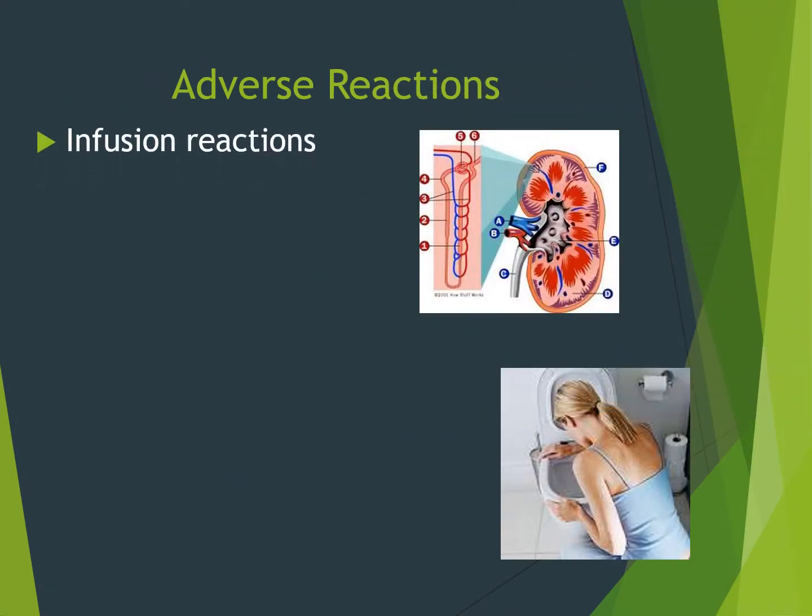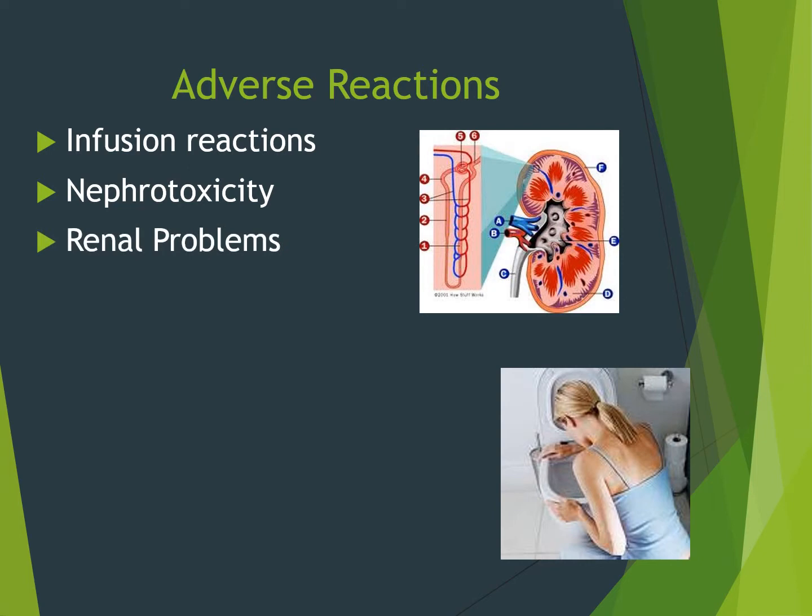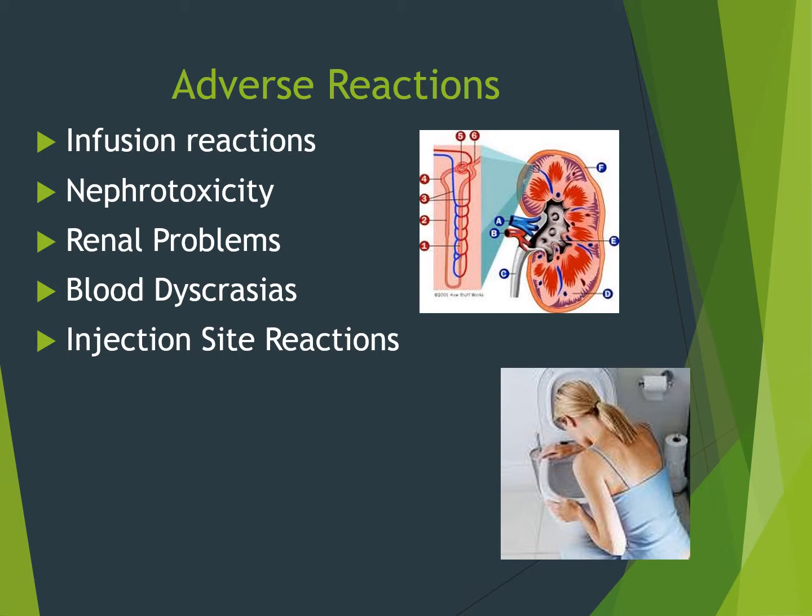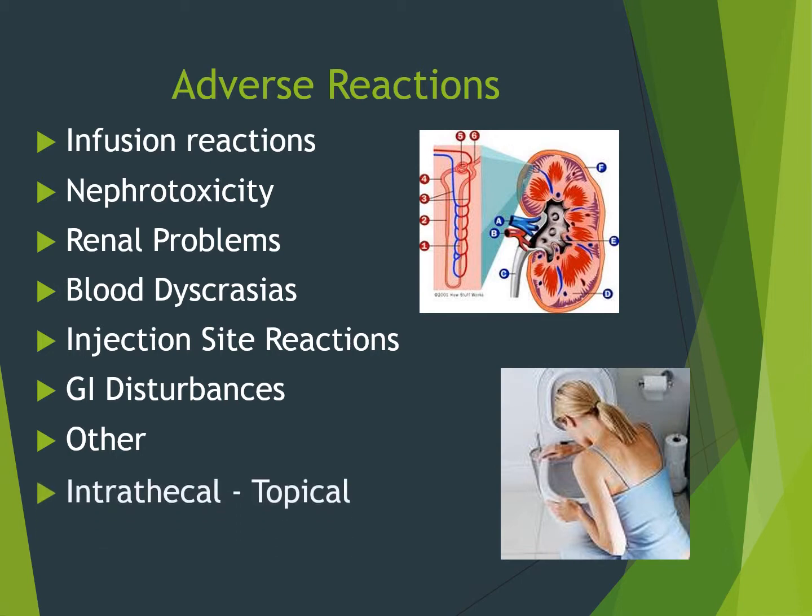Adverse effects of amphotericin include infusion reactions, nephrotoxicity, renal problems, blood dyscrasias, injection site reactions, GI disturbances, and other known adverse effects. We do know it to also be ototoxic, and it can be given intrathecal, possibly topical, but typically this is an IV preparation.